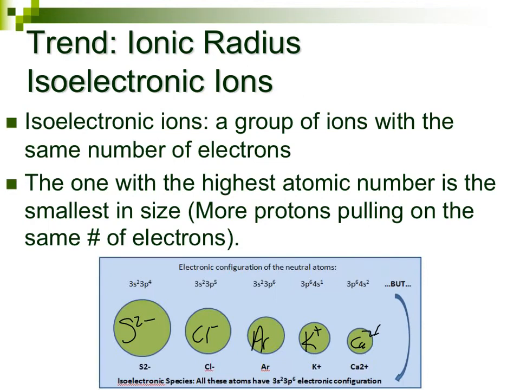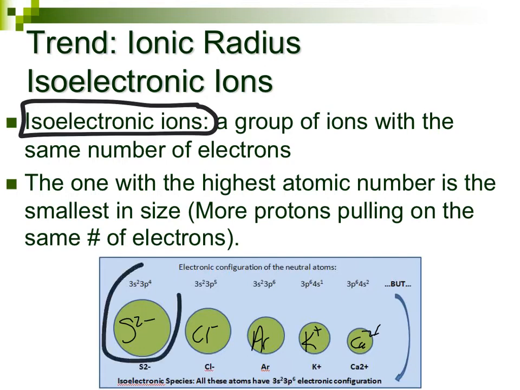So where this becomes more relevant is when it comes to what are termed isoelectronic ions. Isoelectronic ions are ones that have the same number of electrons, so they have the same electron configuration as something else that has the same number of electrons but a different number of protons. So they're different elements. Like down here on the bottom, we've got sulfur. I'm circling sulfur down here.